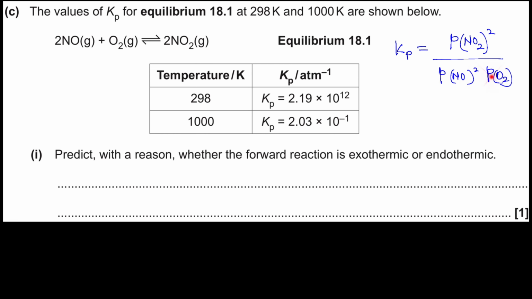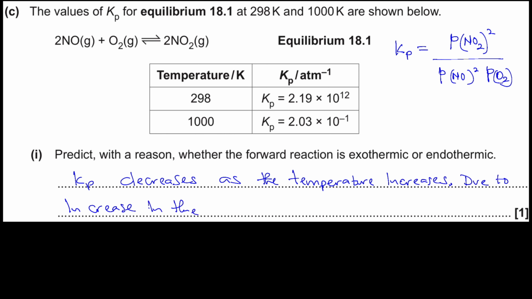And that means the reactant is bigger than the product, so more reactant is being produced due to increase in temperature, and this can only happen in exothermic reaction. So we can say that the Kp decreases as the temperature increases, and this is due to increase in the reactant and decrease in product.